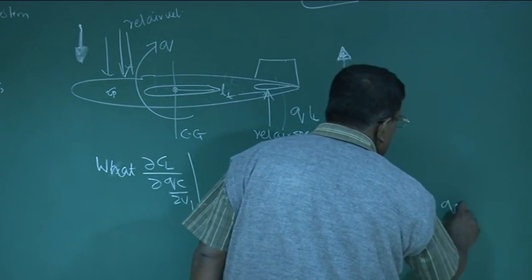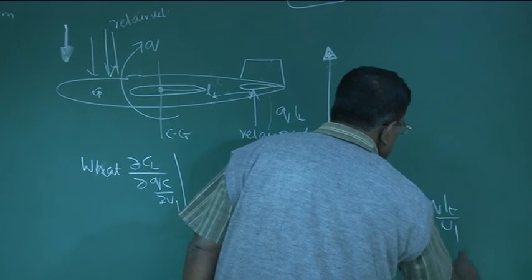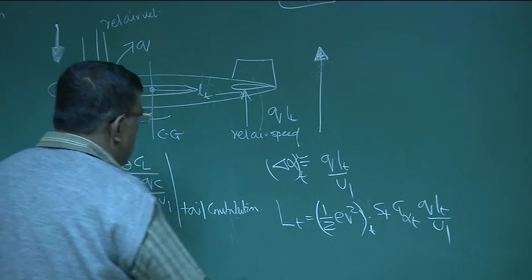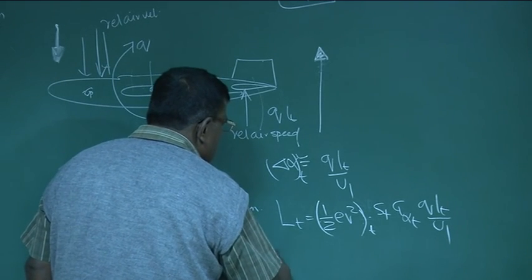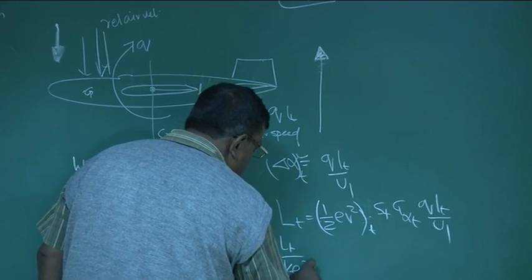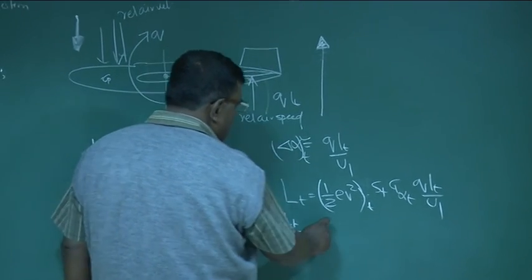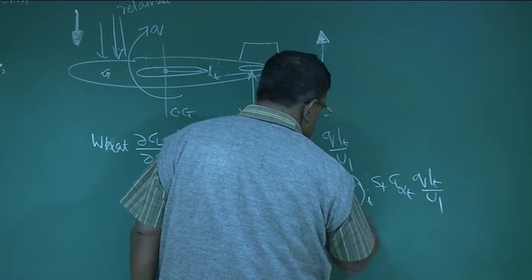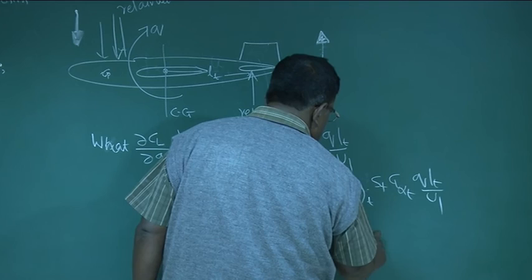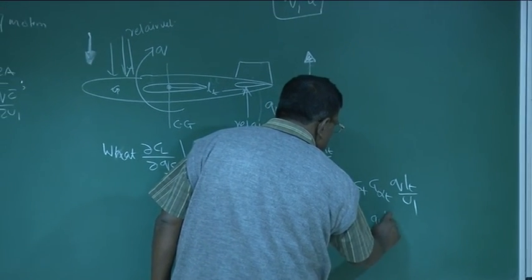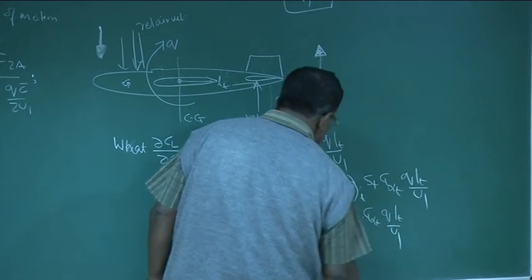Alpha is Q LT by U1. Okay, so then you are expert now. What is delta CL? Delta CL will be L tail by half rho V square free stream into S reference. So this will become eta tail S tail by S reference into CL alpha tail into Q LT by U1.